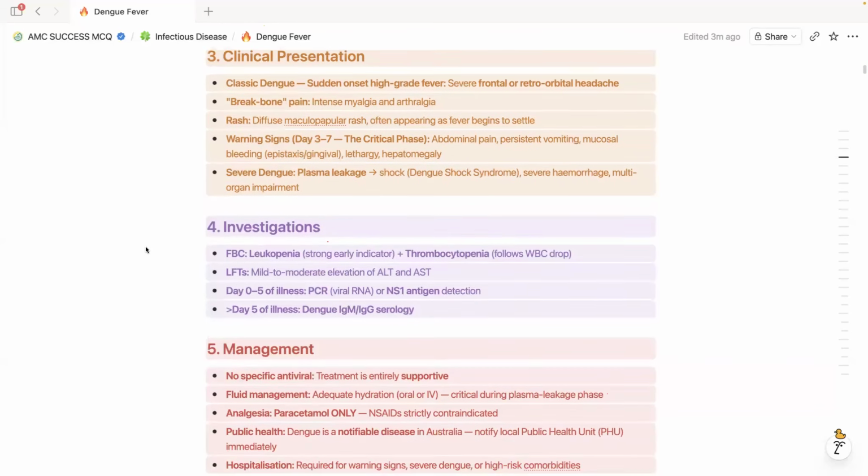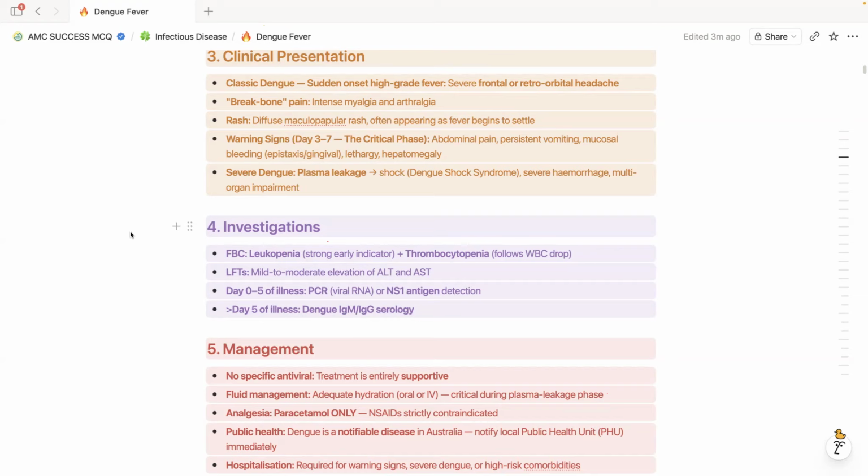Investigation for dengue: first and foremost is FBC, to see leukopenia in the FBC findings, which is a strong early indicator for dengue, with thrombocytopenia following the WBC drop. LFT checking: mild to moderate elevation of ALT and AST would be there.